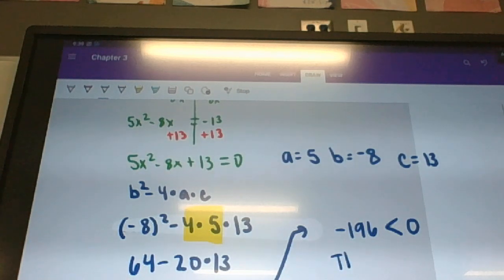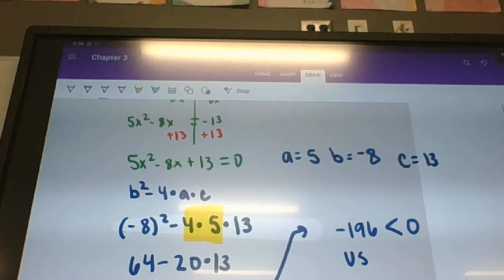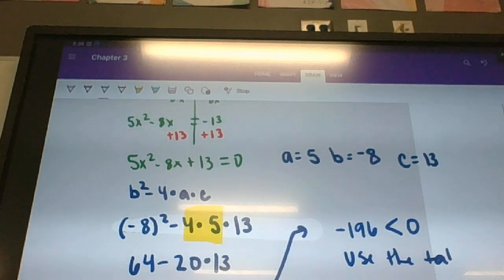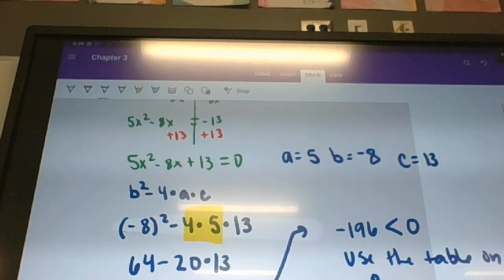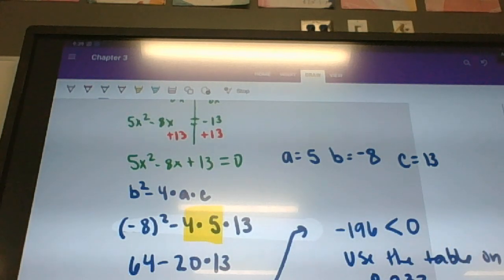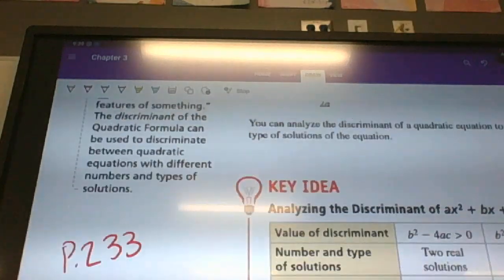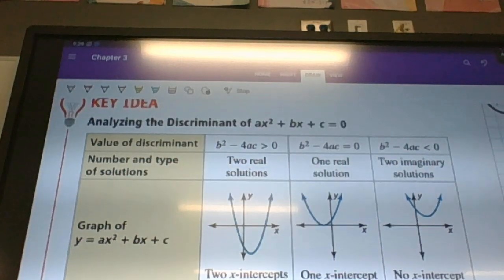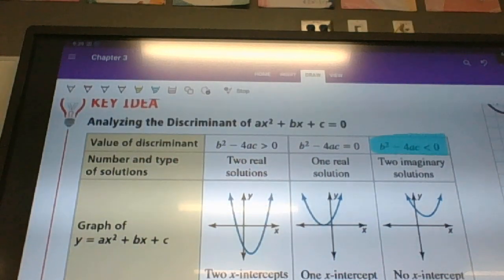So I'm going to use the table on page 233. And I'm going to say, well, what happens if your answer is less than 0? I go back to the table. Here it is. Oh, yeah, my answer came out less than 0.